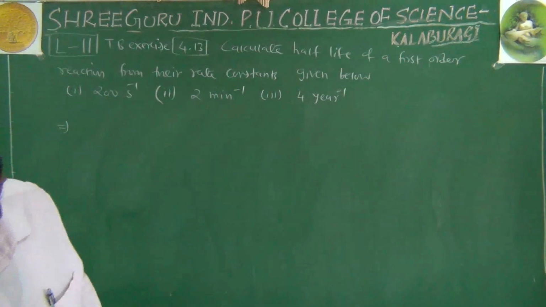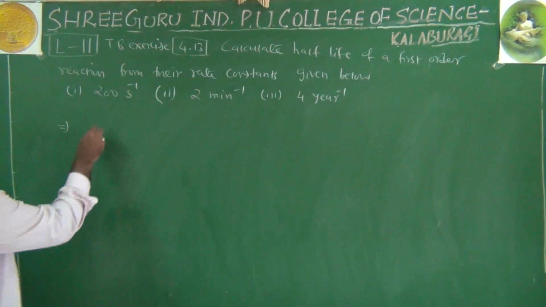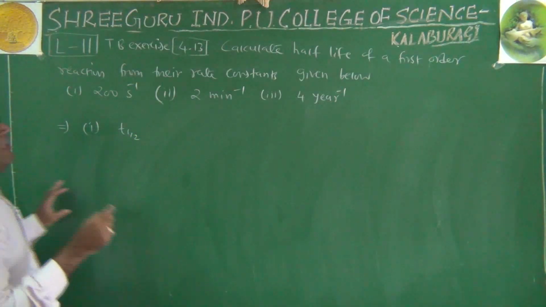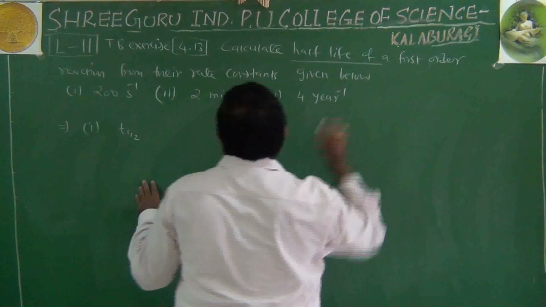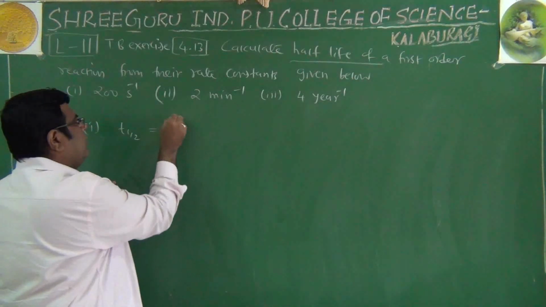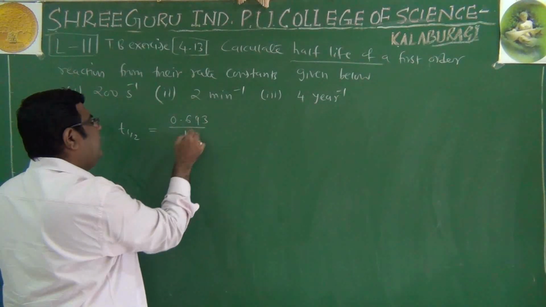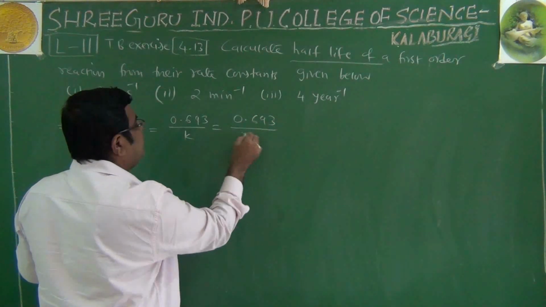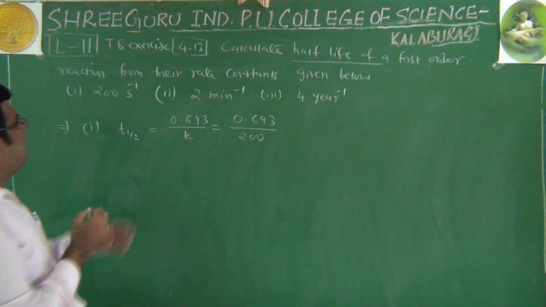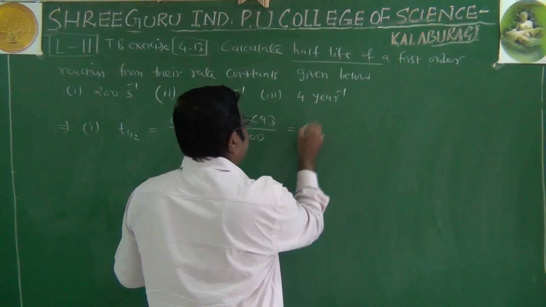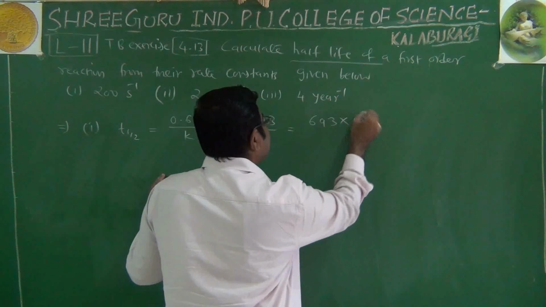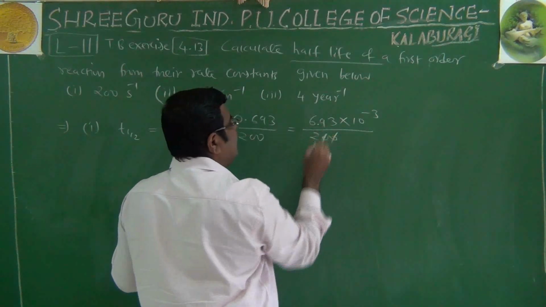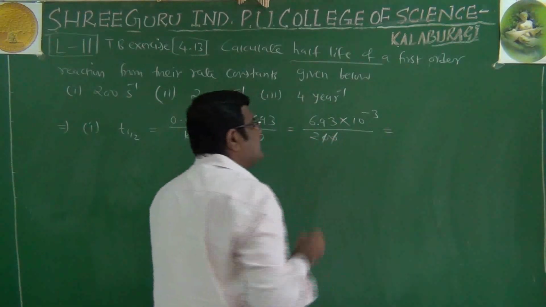We can write this as T half. I will write the first question here. T half, yes, they asked to calculate half-life period only, is equal to 0.693 by K. This 0.693 divided by 200, they have given that. We can write this as 693 into 10 raised to minus 3 divided by 200. I will cancel this 20 and I will write point here. So I can divide now 6.93 by 2.